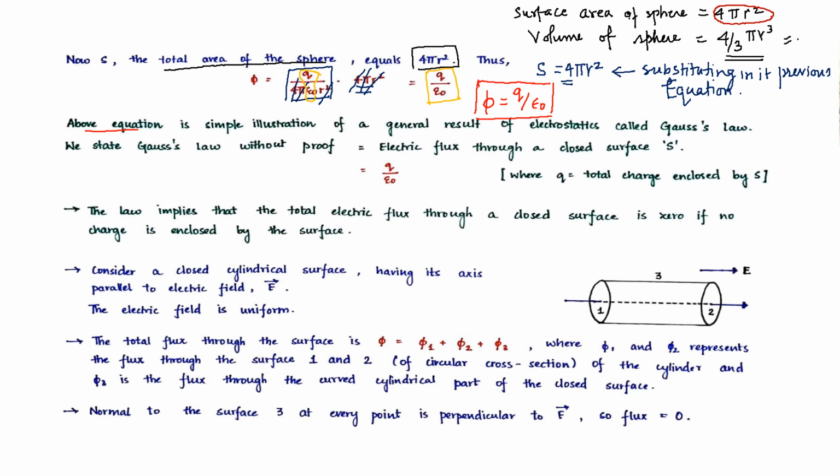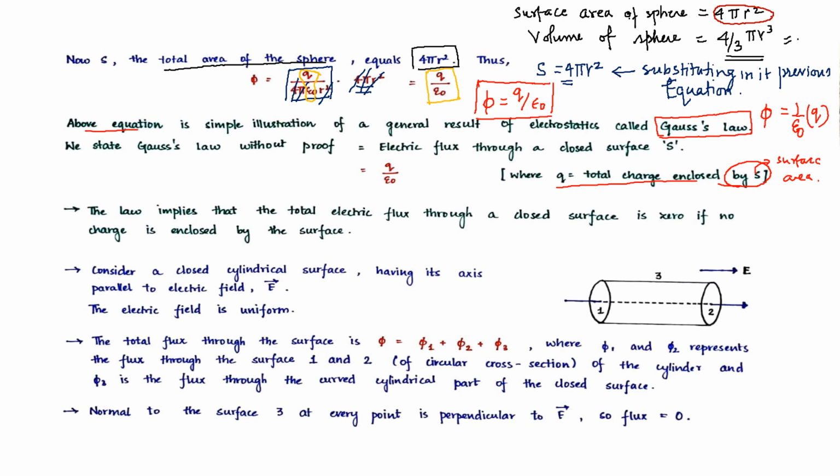Electric flux through a closed surface S is given as Q upon epsilon naught, where Q is the total charge enclosed by the surface S. So this is a general result, and this result is termed Gauss's law. This result says that flux through a surface is 1 by epsilon naught times the charge enclosed by the surface.